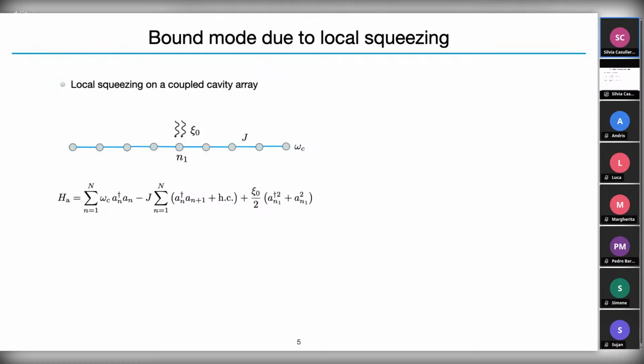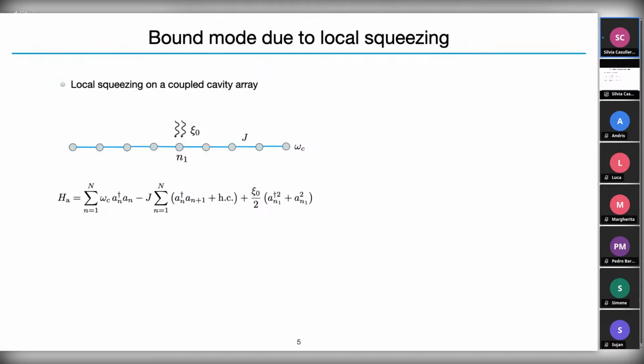Let's consider equal frequencies of all these cavities and a real hopping rate between them, nearest neighbor, and then squeezing, which is already in the frame that is rotating at the frequency of this pump. So we will have a term in the Hamiltonian that is proportional to eta times a-squared plus a-dagger squared, which is only on the cavity n=1. Okay.